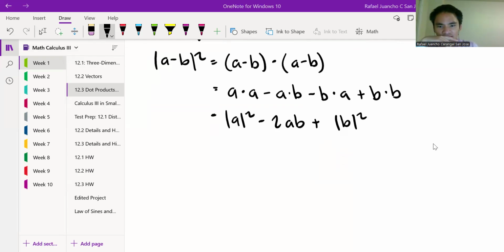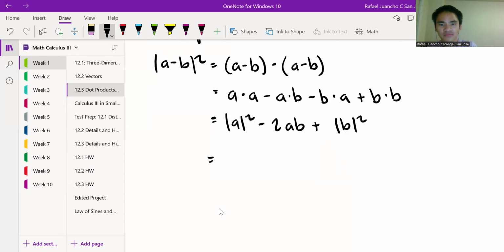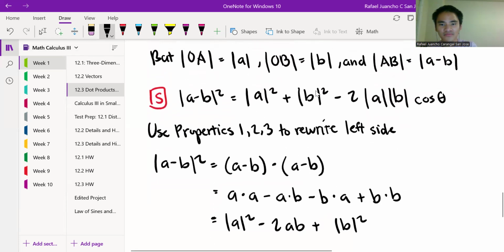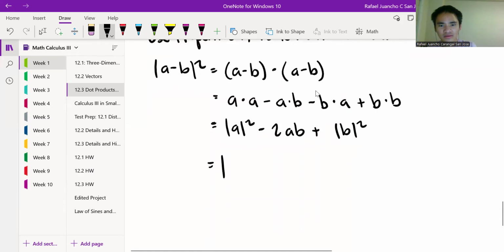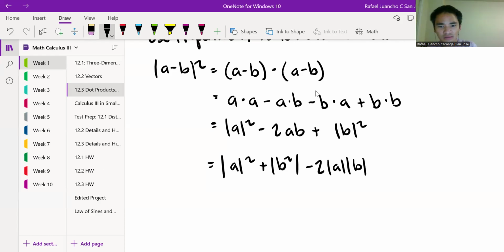And then this is now equal to that previous thing that we got here, which is this, plus minus 2AB cosine theta.